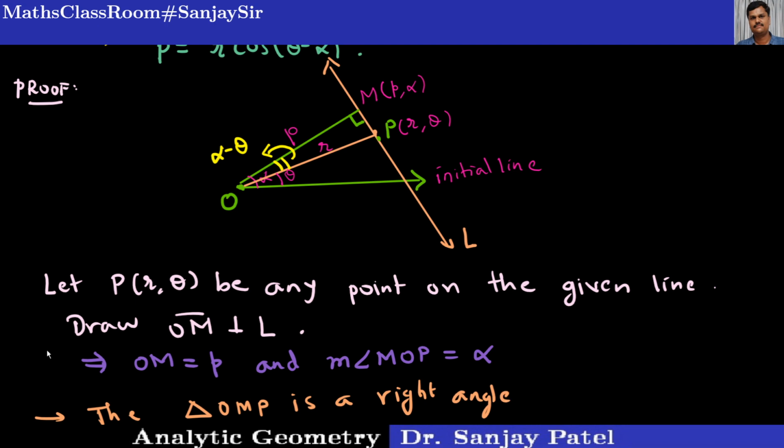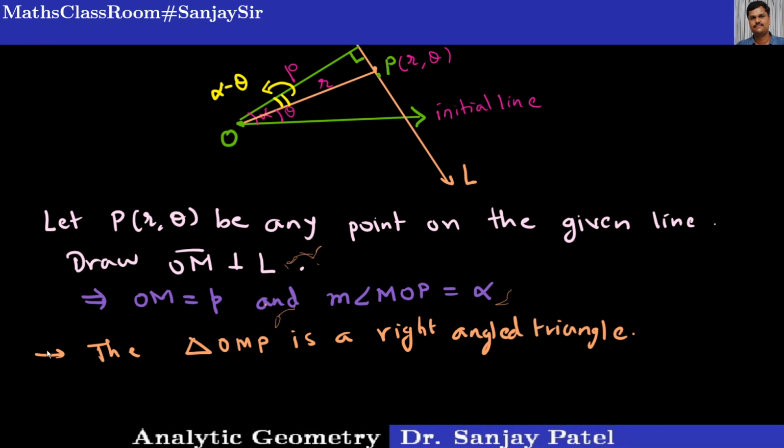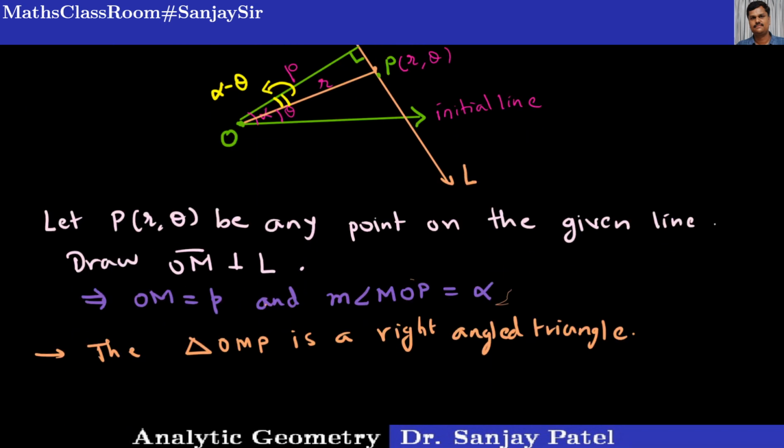So in this right angle triangle, if I want to find cos of the angle O, that is MOP, what I will get here is, just a minute, yes, MOP, that is angle alpha minus theta, as shown in the figure.